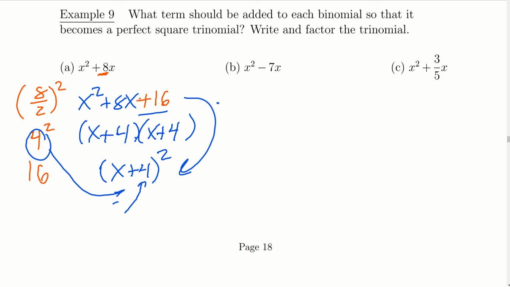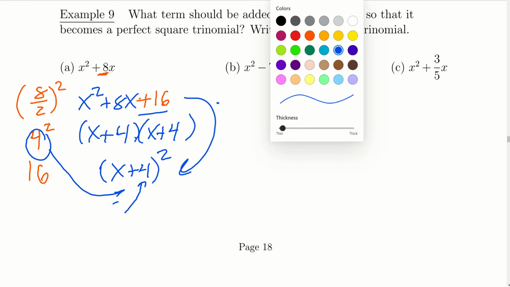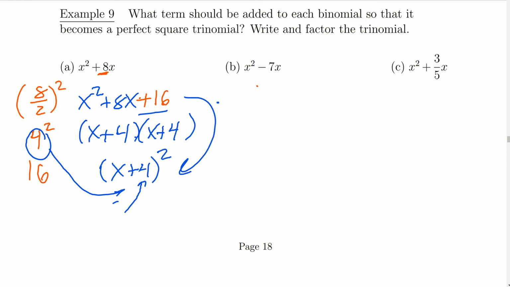Same thing, we want to find the completing the square number. So we identify the coefficient of the x. Coefficient of x is -7. We're going to take half of that number, and then we're going to square it. -7 is not evenly divisible by 2, so we just leave it as -7 halves.